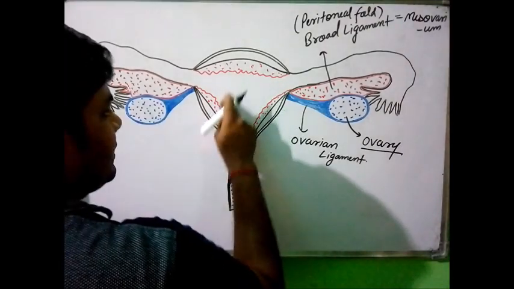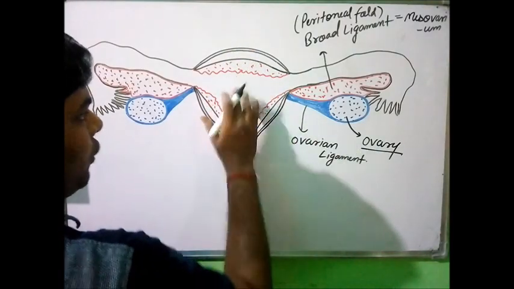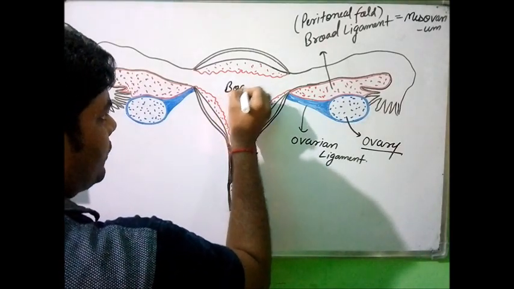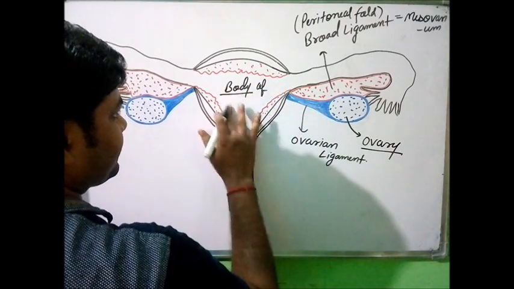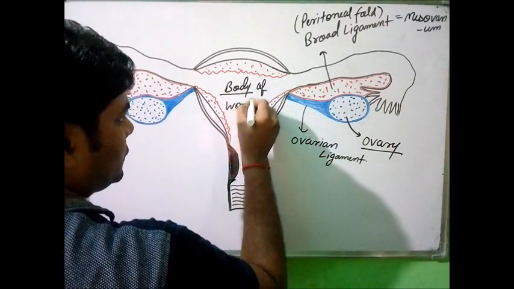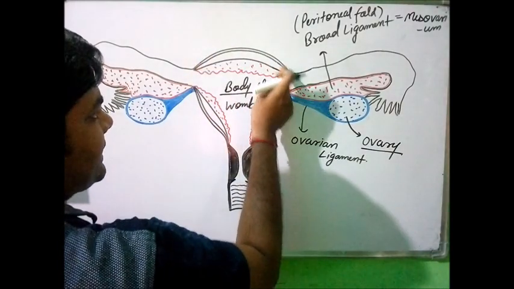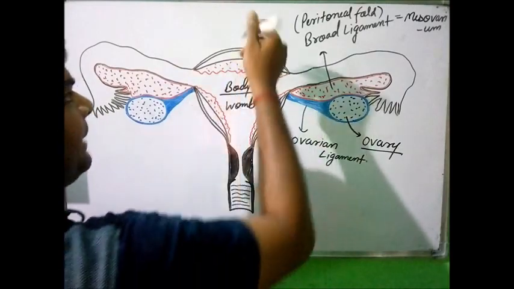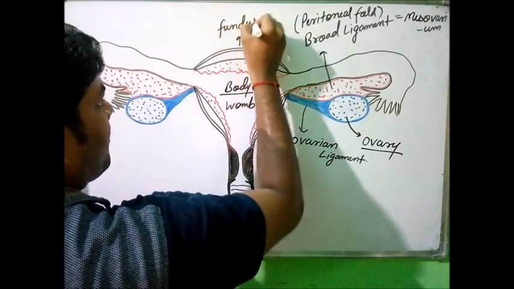Now the main structure of the female reproductive system after the ovary is the uterus, and this is the main body of the uterus. The uterus is also called the womb. Its roof, which is a little bit dome shaped, is called the fundus.